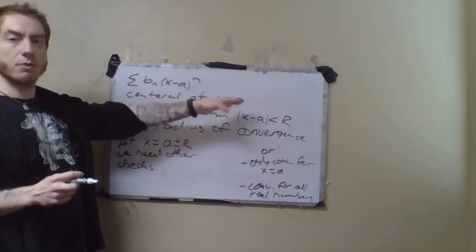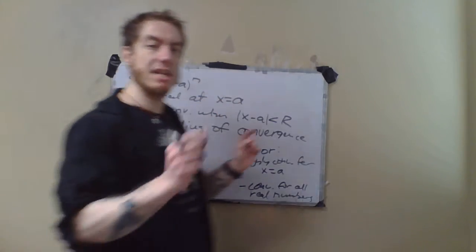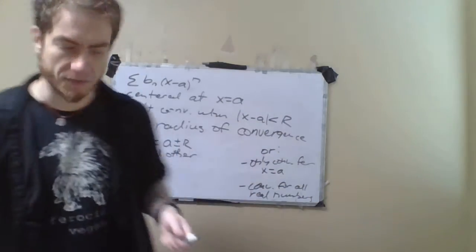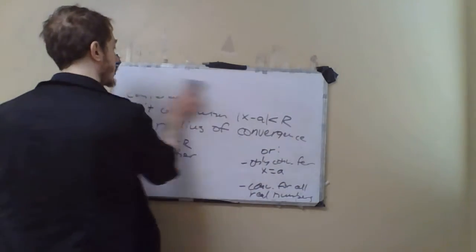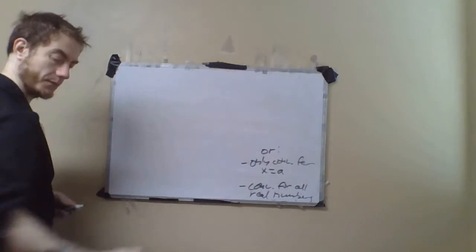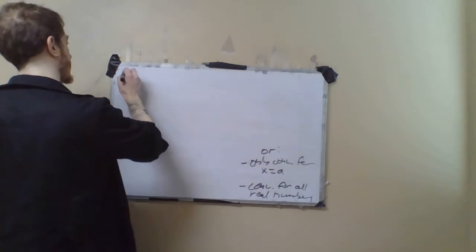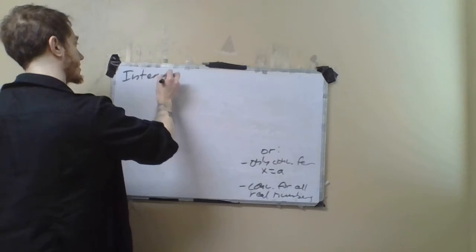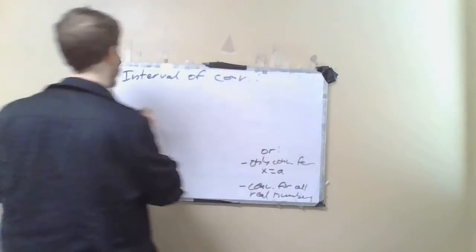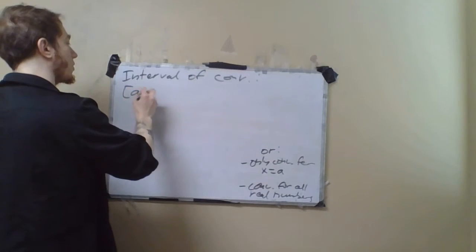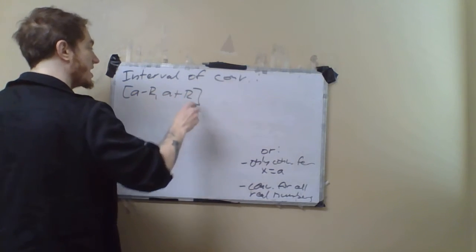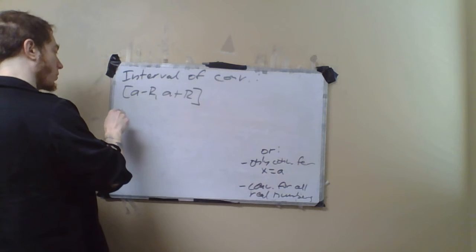That doesn't change the radius of convergence or anything, but it does change whether the endpoints are included in the interval of convergence. So the interval of convergence is going to be the interval from a minus r up to a plus r, but the thing is, it might include the endpoints.